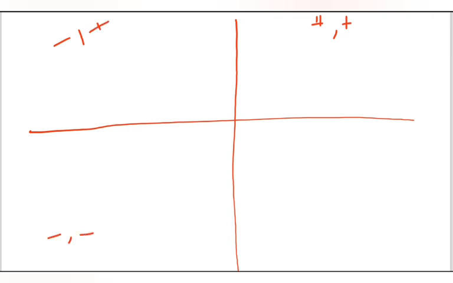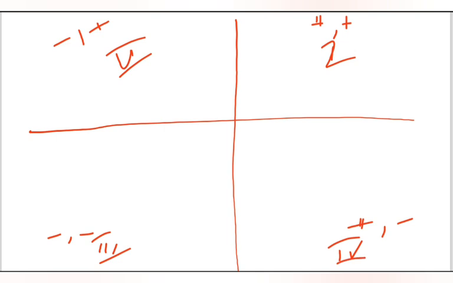This side will be plus comma plus, this is minus comma plus, this is minus comma minus, and this is plus comma minus. First quadrant, second quadrant, third quadrant, and fourth quadrant.